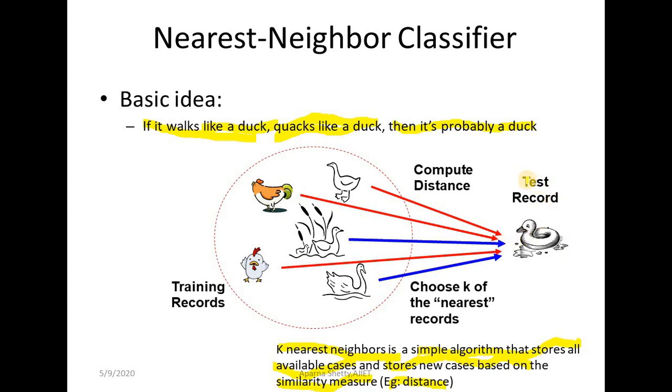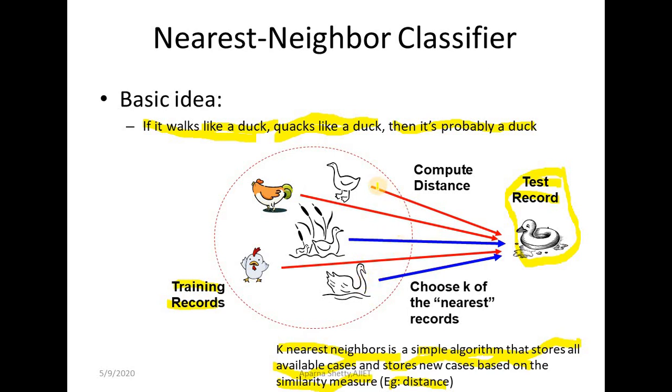You want to classify this test record based on the previously stored training records. In the training records you have hen, cock, duck, swan, etc., different types of birds. You want to classify to which class this new test record belongs, whether it is a cock, a swan, a chick, a hen, or a duck.